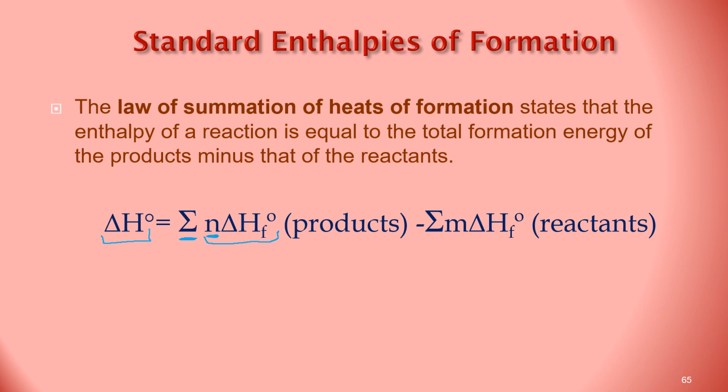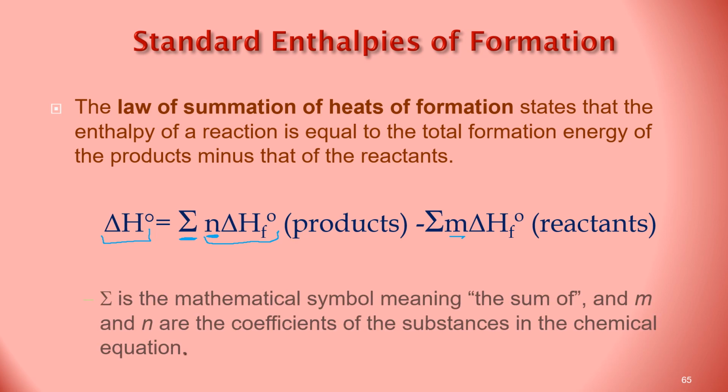So I take the delta HF for all my products times their coefficients, sum them up, take all the delta H of formations for all my reactants times their coefficients, sum them up, and then take the sum of the products minus the sum of the reactants, and that will give me the delta H for the overall reaction. So again, sigma is the mathematical symbol meaning sum of, and m and n are coefficients. But let me just do an example for you.